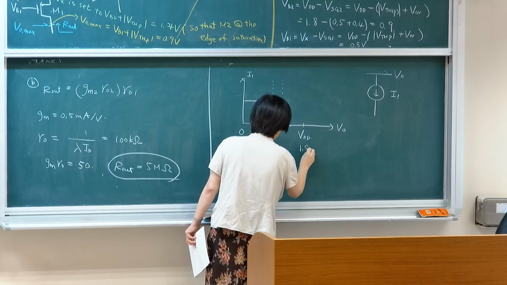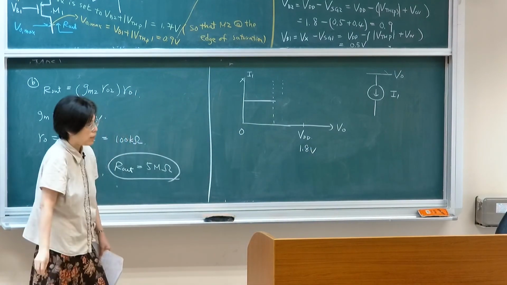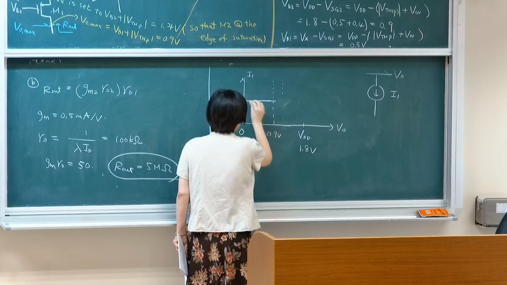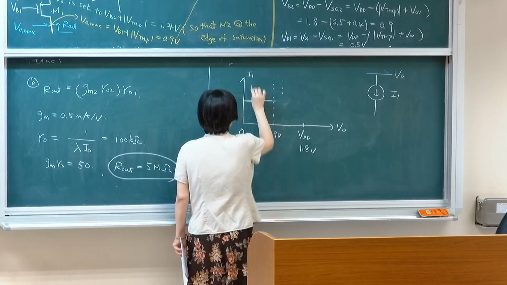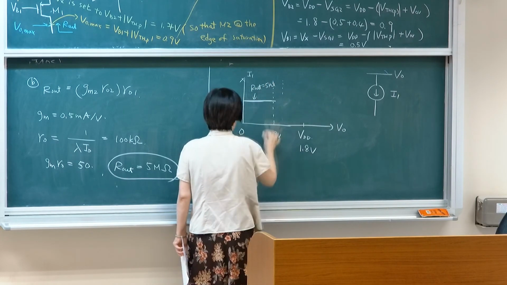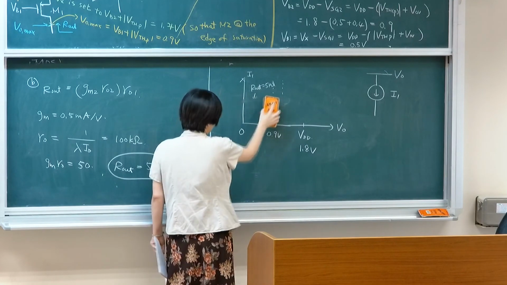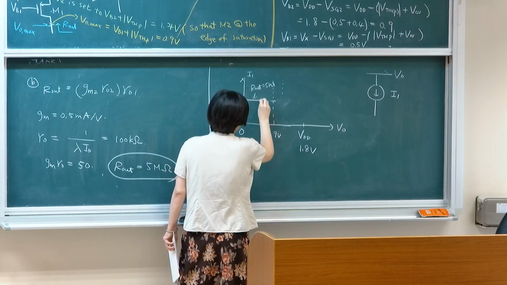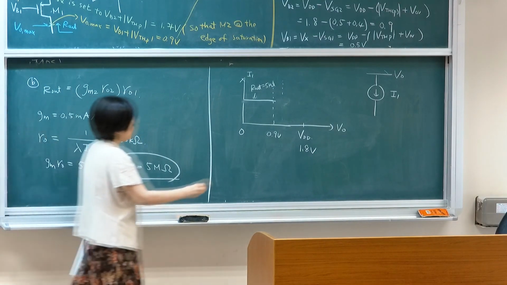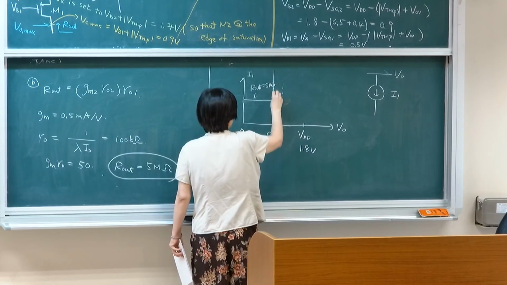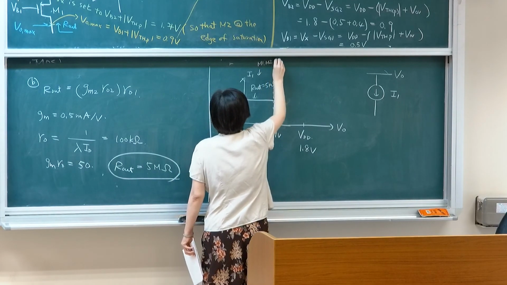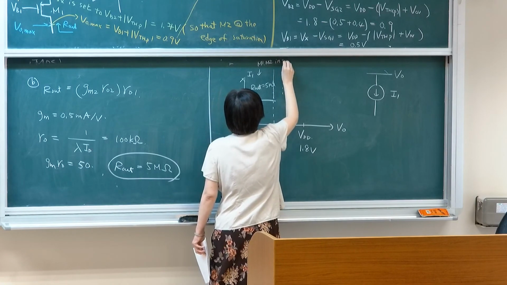So this is 1.8. In scale, you will see that this is 0.9. This is where you get Rout of 5 megaohm, meaning very, very high. It's fairly flat because it's a very high resistance. When it enters transition, this is the region where both M1 and M2 are in saturation.